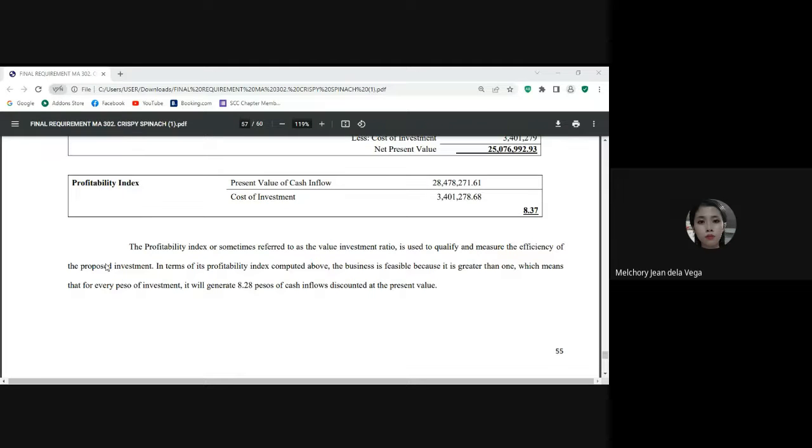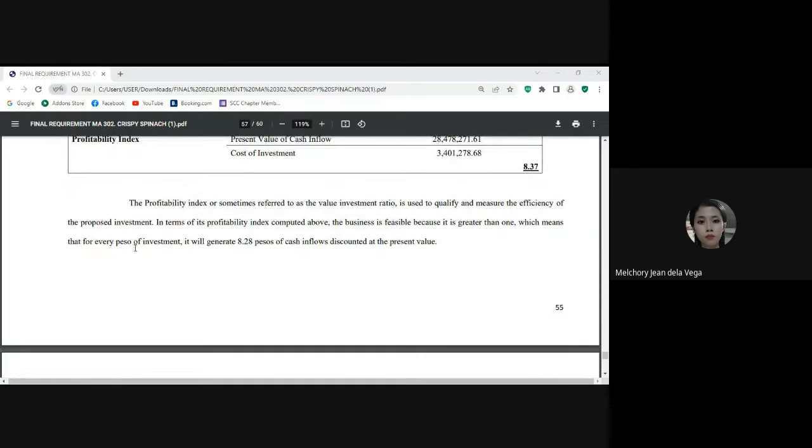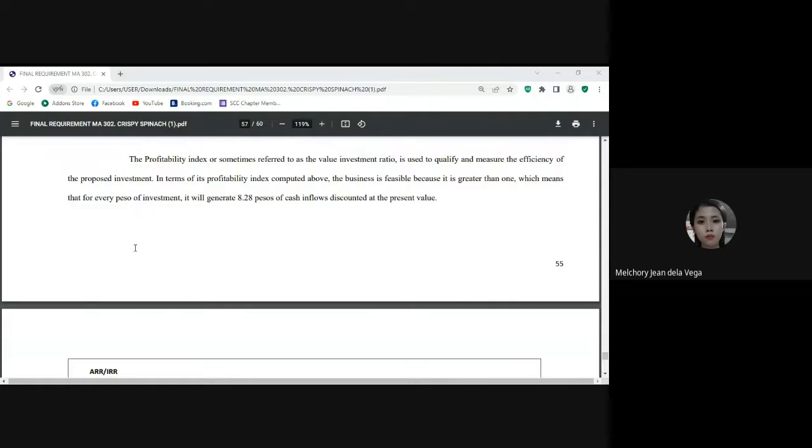The business is feasible because the profitability index computed above is greater than 1, which means that for every peso of investment, it will generate 8.28 pesos of cash inflow, counting the present value, as my co-partner said earlier.